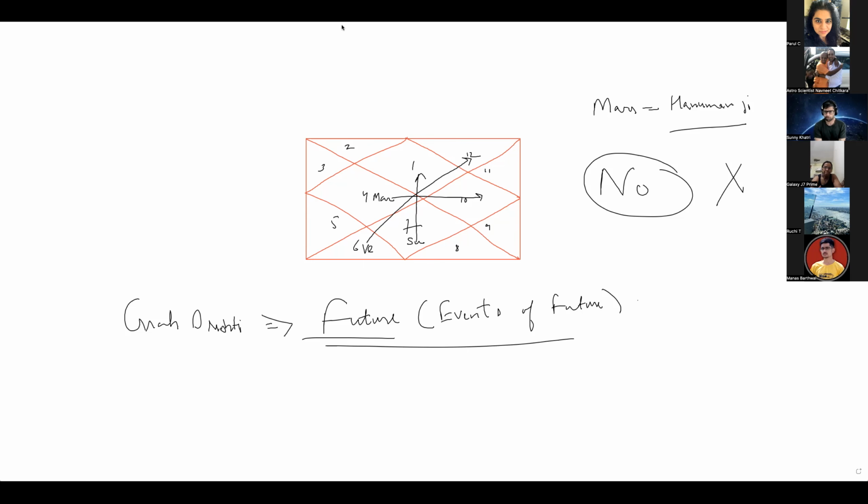The concept of bhavavastha and then the concept of drishti, the combination of the bhavavastha and the combination of drishti, if you learn properly, and before even the graha drishti, if you learn how the Rashi drishti is impacting a chart, you will become a fantastic astrologer.